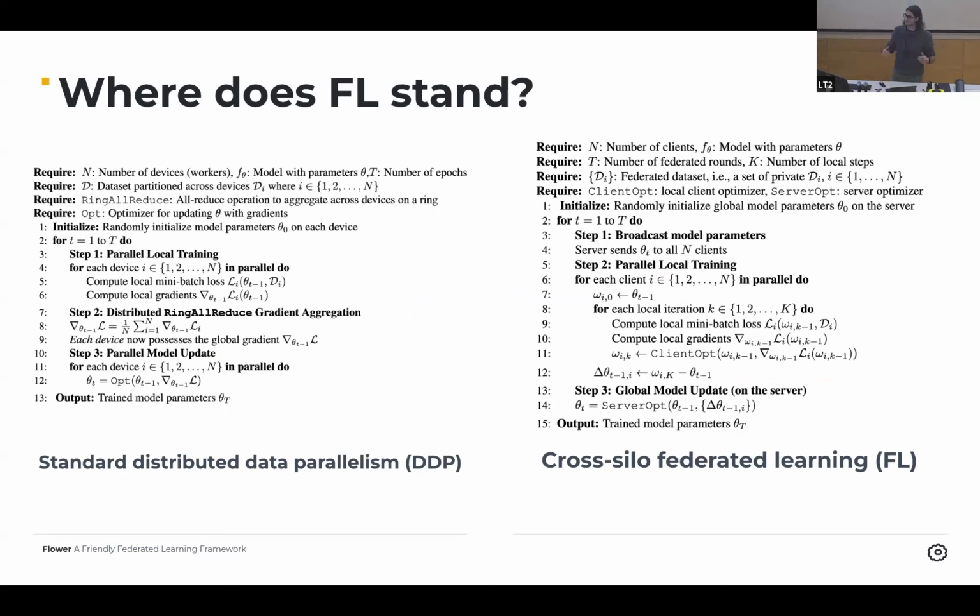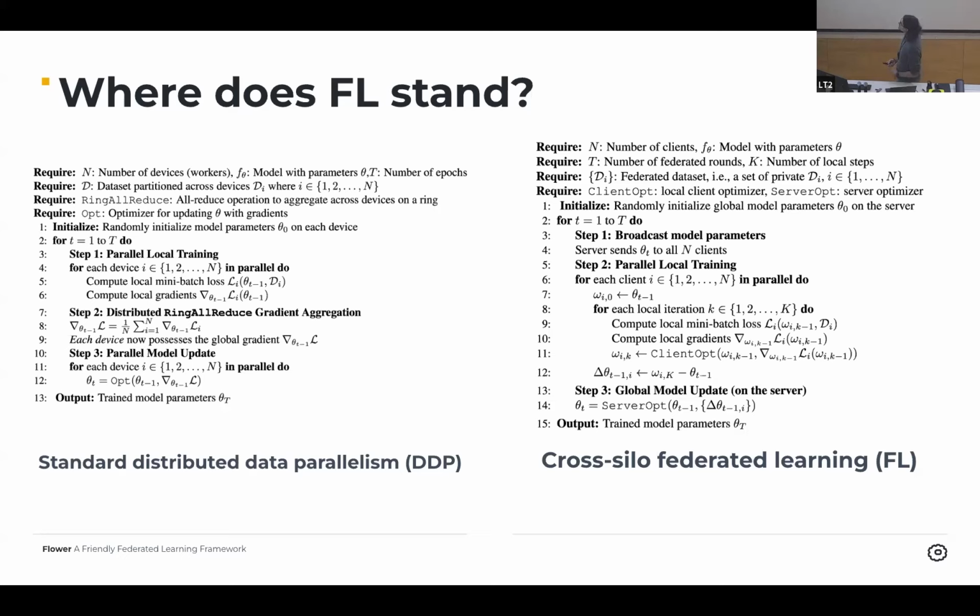Cross-silo meaning a federated learning setting where all the clients are, in most cases, fully available all the time, and they are few, a limited number in the hundreds at most, possessing good hardware capable of training language models, for example. And I want to compare this with the standard distributed data parallelism because if you look carefully at these two algorithms, there are many similarities.